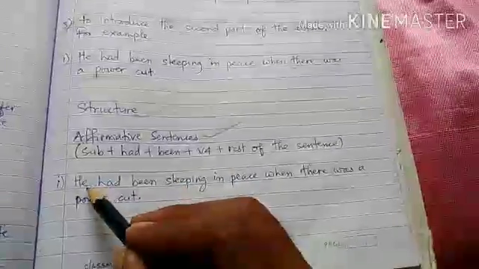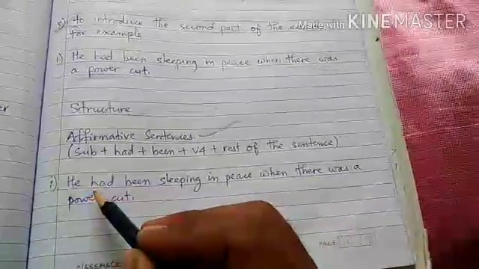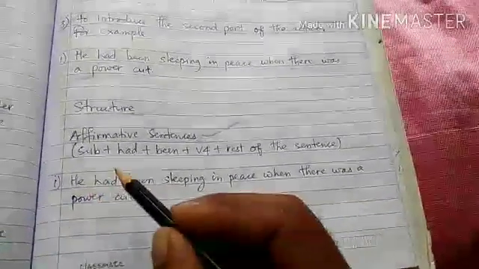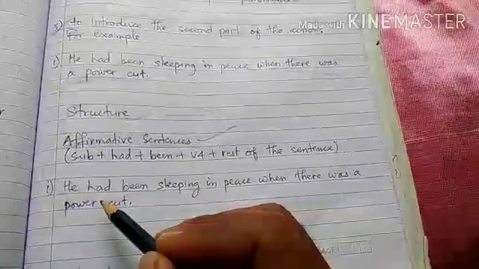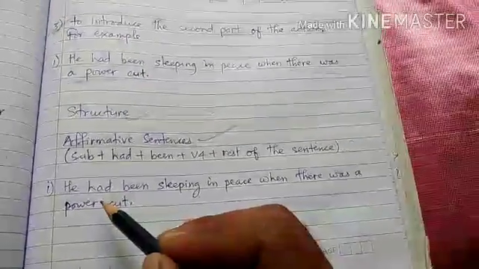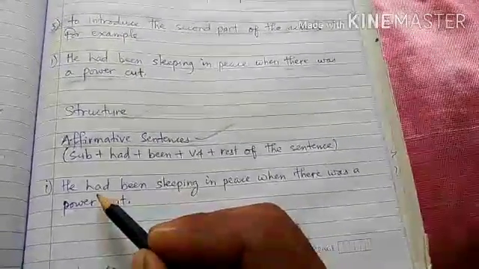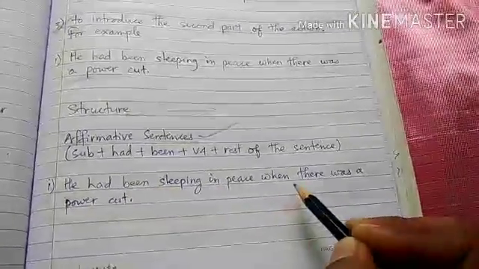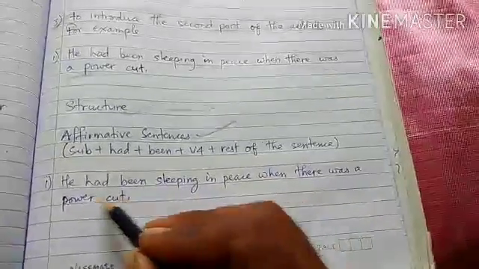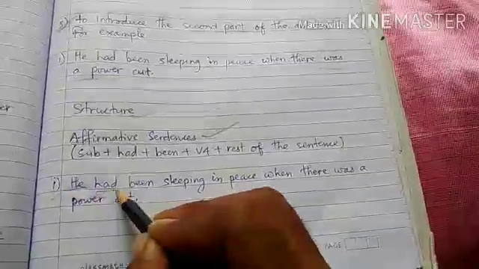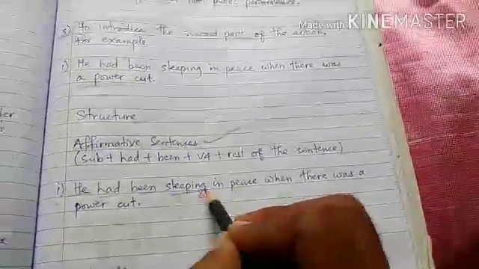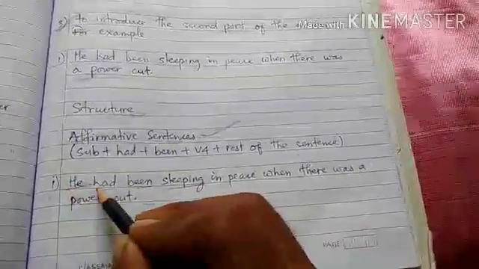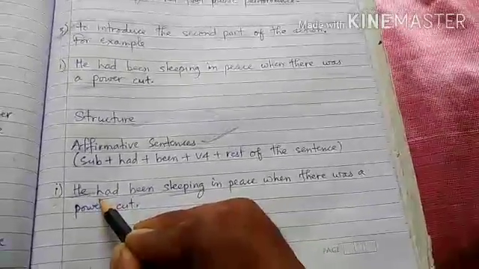Here I have taken the same examples that I gave while explaining the uses of the past perfect continuous tense. This is: he had been sleeping in peace when there was a power cut. So subject plus had plus been plus verb-ing is the main sentence structure in the past perfect continuous tense.